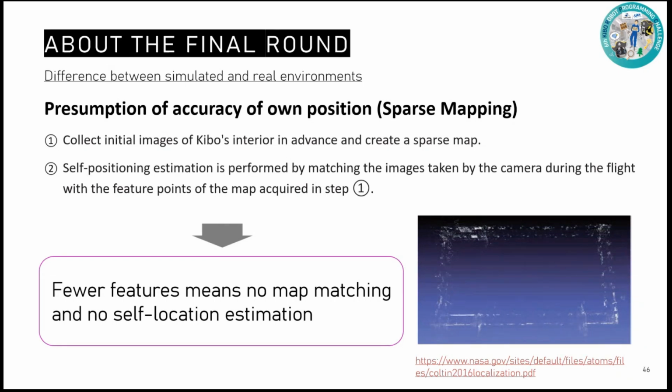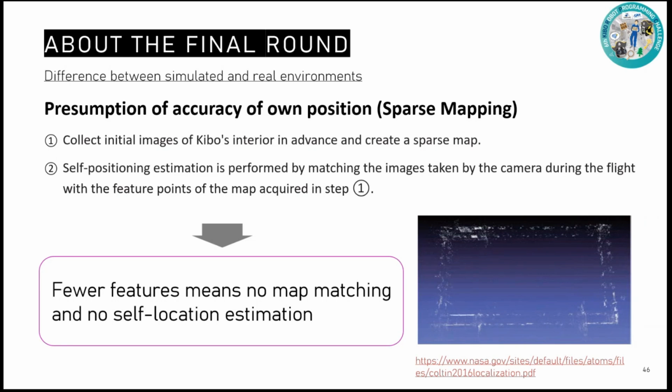First, pre-flight preparation: initial images of the Kibo module are collected in advance to create a map stored inside Astrobee. Second, in-flight localization: while flying, Astrobee captures images with its camera and matches them with the pre-created map feature points to estimate its position and orientation.